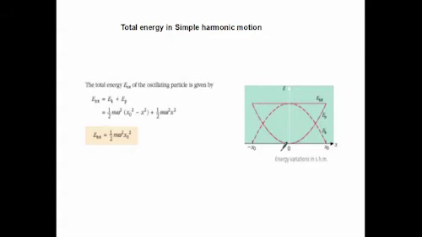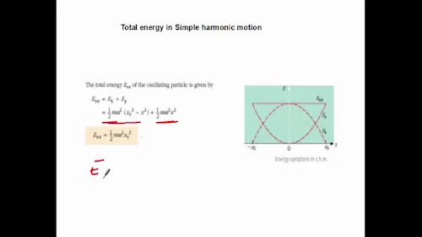So substituting kinetic energy by half m omega square x naught square minus x square, plus this is the potential energy and this is the kinetic energy, and we have a common factor that is half m omega square, and minus x square will cancel with positive x square, and we will end with half m omega square x naught square.